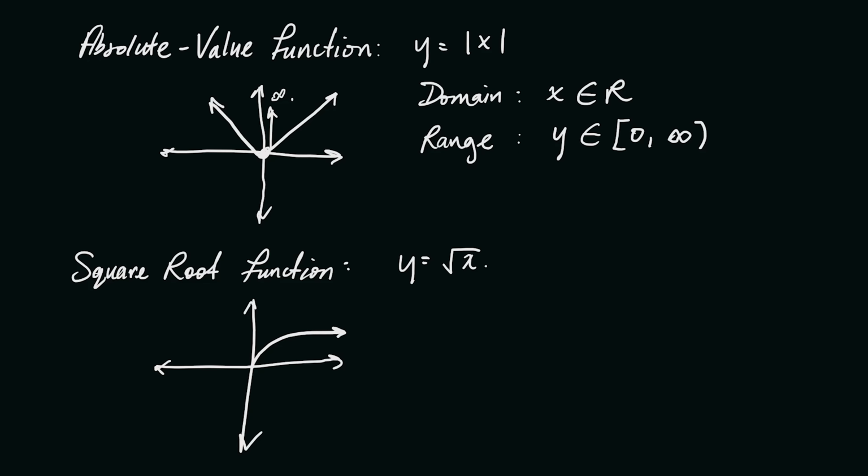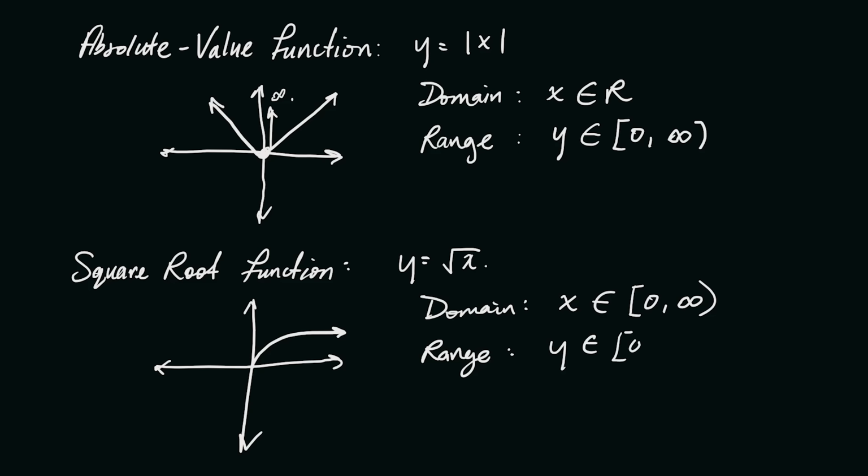Now, our domain here is x is an element of 0 to infinity, because we only start from the origin, which is 0, 0, and we're going towards positive infinity on the x-axis. And for our range, you may have guessed it, it's also y is an element of 0 to positive infinity.